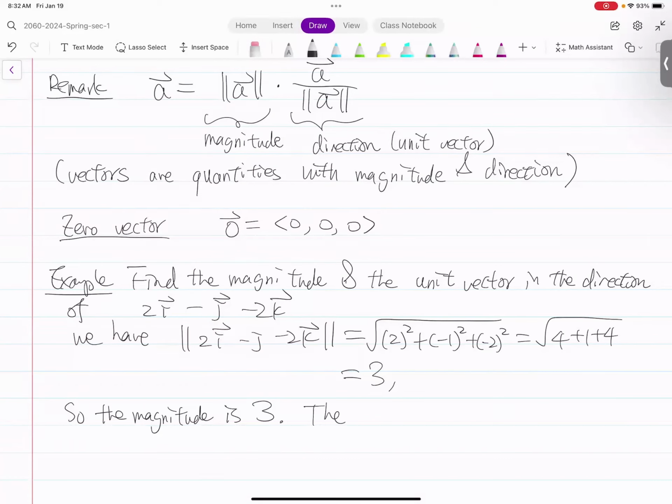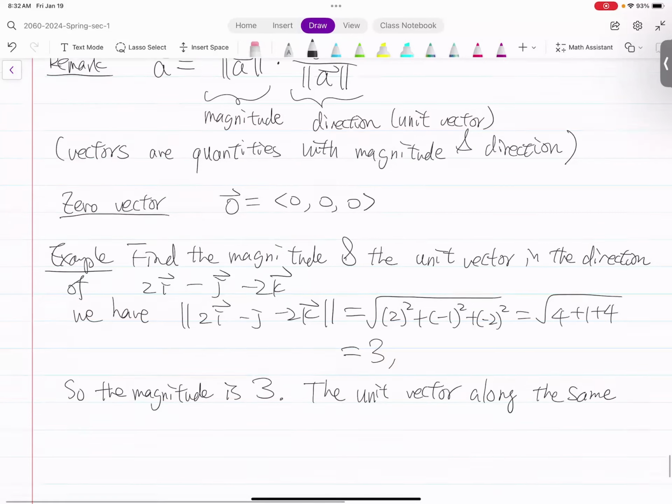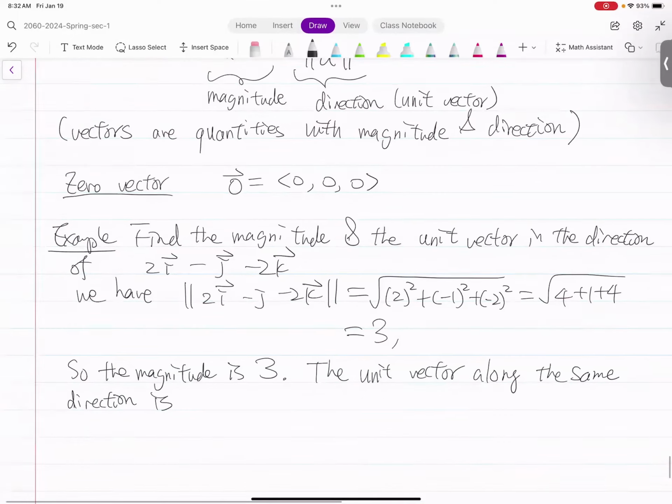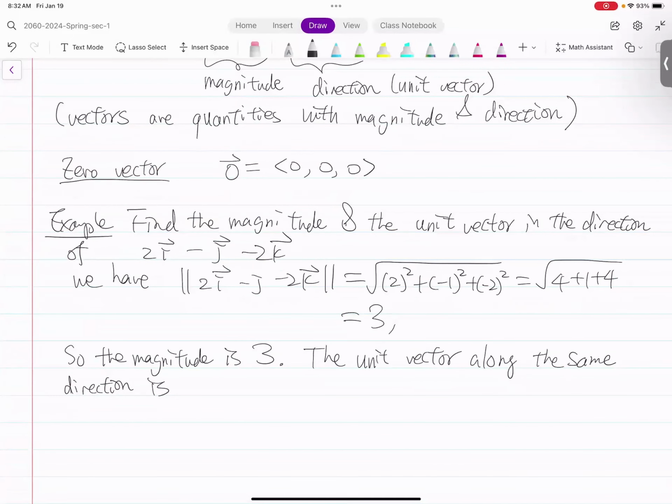Now we just do the scaling. We divide by the magnitude to get the unit vector. The unit vector along the same direction is the following. We just take 2i minus j minus 2k and divide by its magnitude.